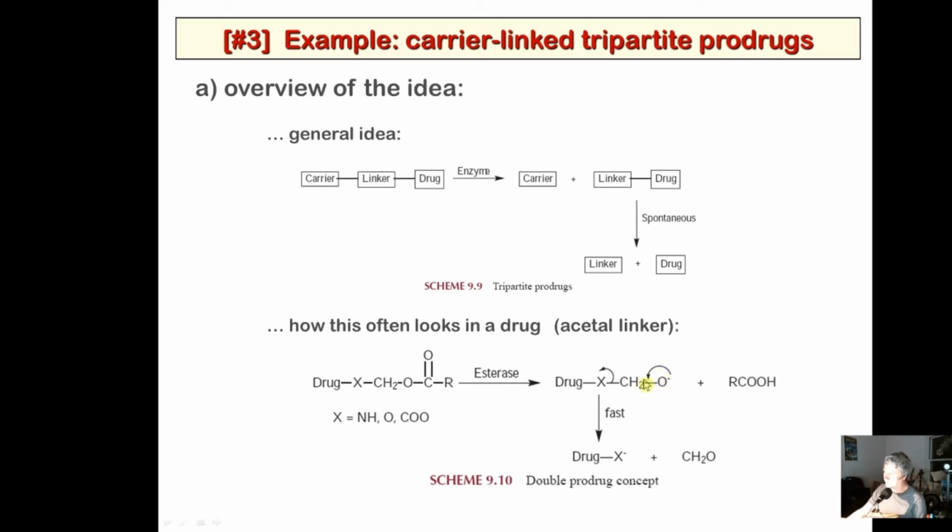So O- kicks in, breaks this off, and then you make formaldehyde and your drug. Remember, we had that situation with the hepatitis drug, formaldehyde is kind of toxic, so that's not very desirable. And then, in this case, a carboxylic acid byproduct. So this is kind of what a tripartite prodrug looks like.